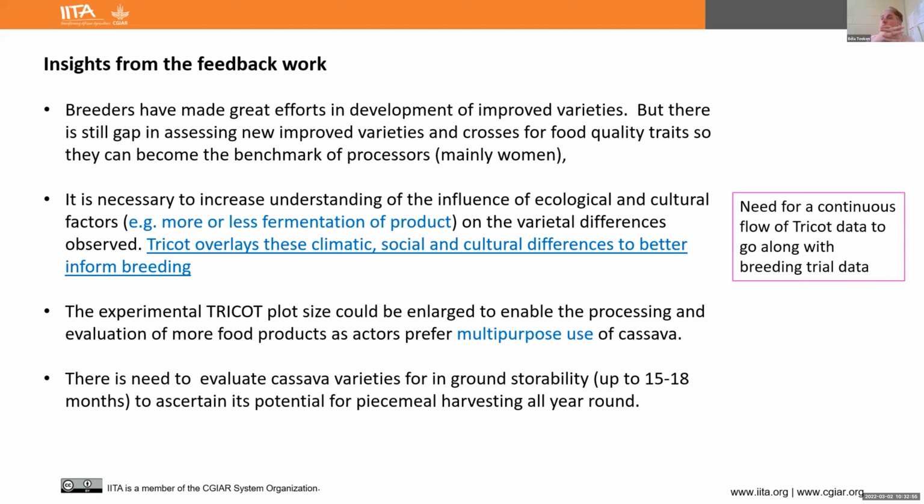So, insights from the feedback work. We have verified the results of the tricot, which more or less came together. And we see that breeders have really made a good effort to develop improved varieties, but there's still a gap in assessing new improved varieties and causes for food quality traits. If earlier on, before release, and even earlier on in the breeding, it could be possible to select for these traits, that would be very important.